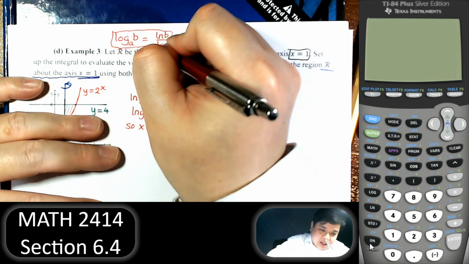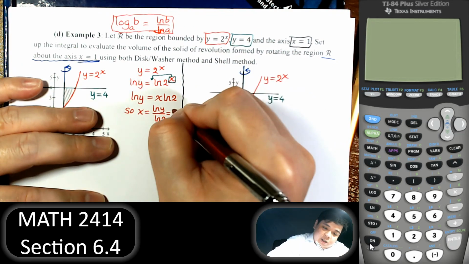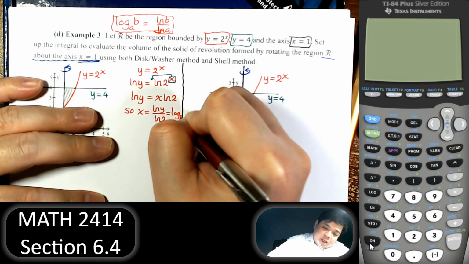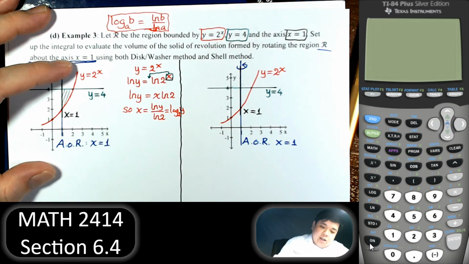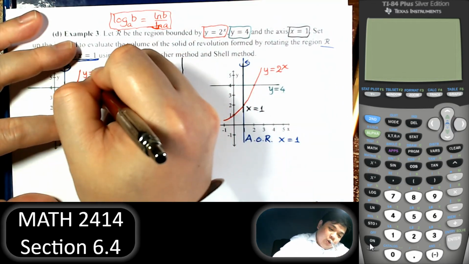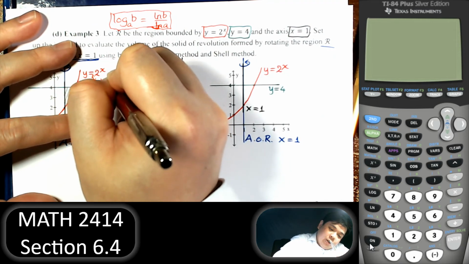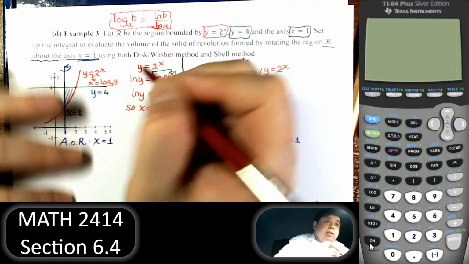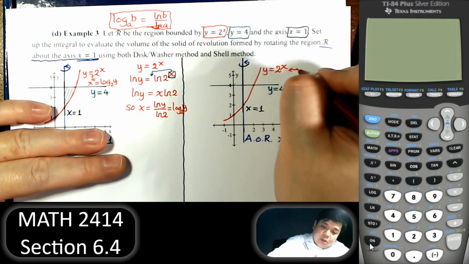So this is log base 2 of y. So equivalent to y equal to 2 to the x is x equal to log base 2 of y. So we don't know which one we use yet.